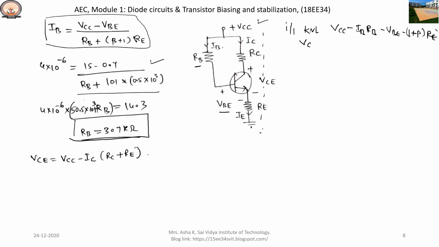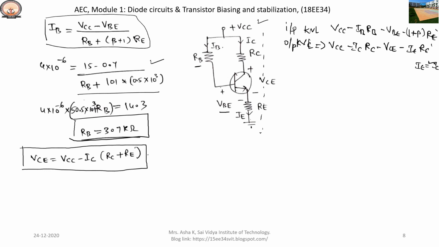By applying KVL to the output side of the circuit: this was the input KVL, and now the output KVL. If I apply VCC minus IC RC minus VCE minus IE into RE, since IC is almost equal to IE, after approximating we get the output voltage equation, that is VCE is equal to VCC minus IC into RC plus RE.